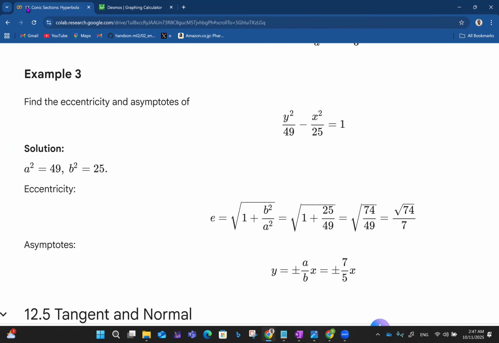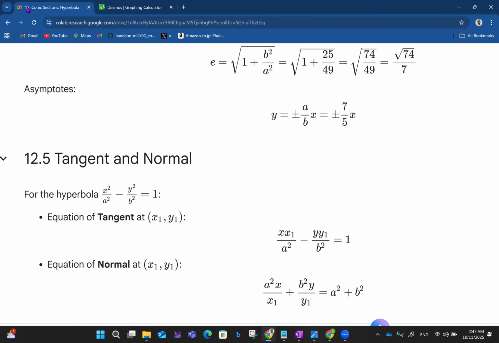Of course, we saw this when we were talking about chords or something like that. So tangent and normal. For the hyperbola x squared over a squared minus y squared over b squared equals 1, the equation of the tangent at x1, y1 is x x1 over a squared minus y y1 over b squared equals 1. Instead of having x squared, it's now x times the point, then y y1 all over b squared. The normal is the line that is at 90 degrees to this one.